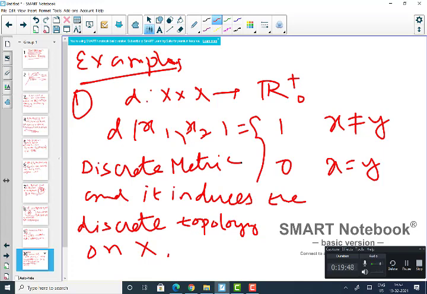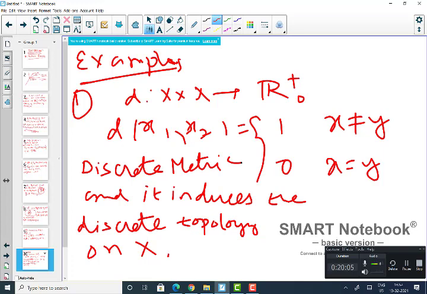So if you choose an epsilon ball with epsilon less than 1, then the epsilon ball contains that point itself. So every such singleton is an open set inside the basis elements, right? Is that clear?